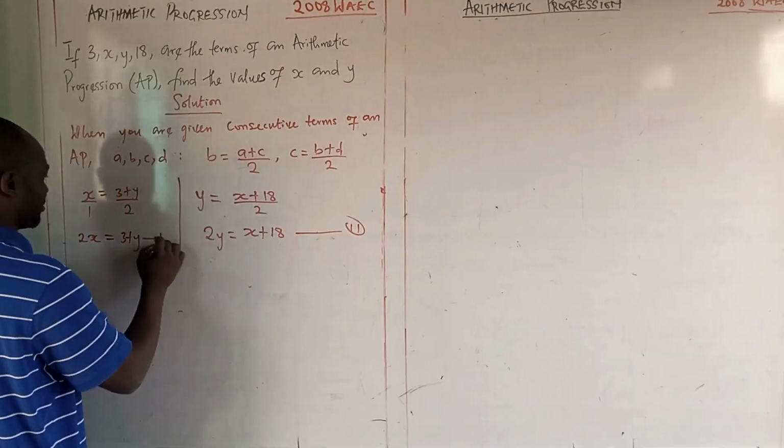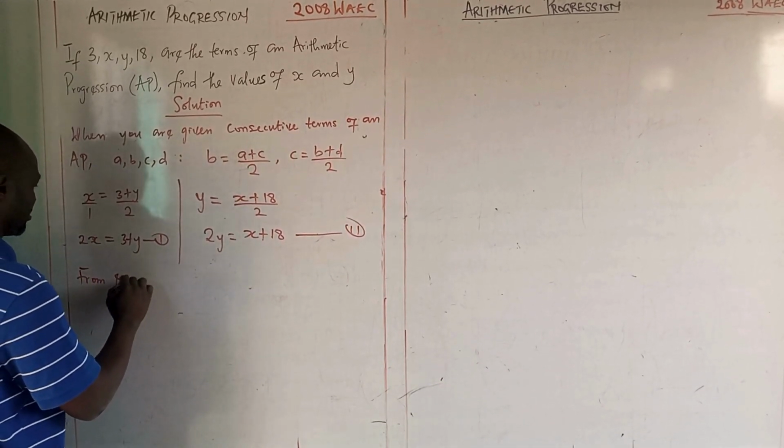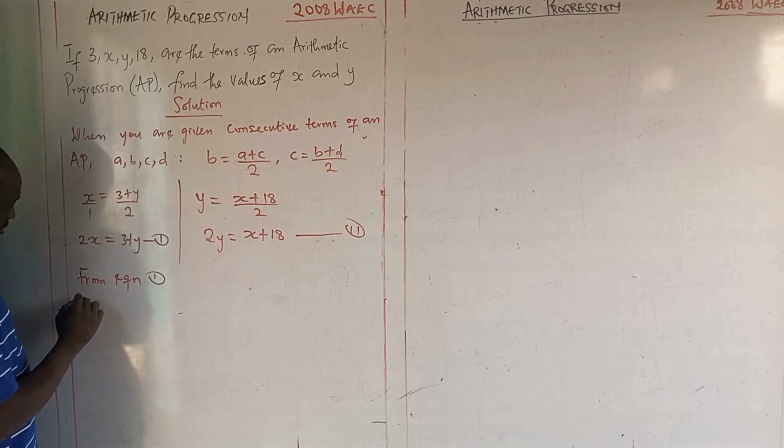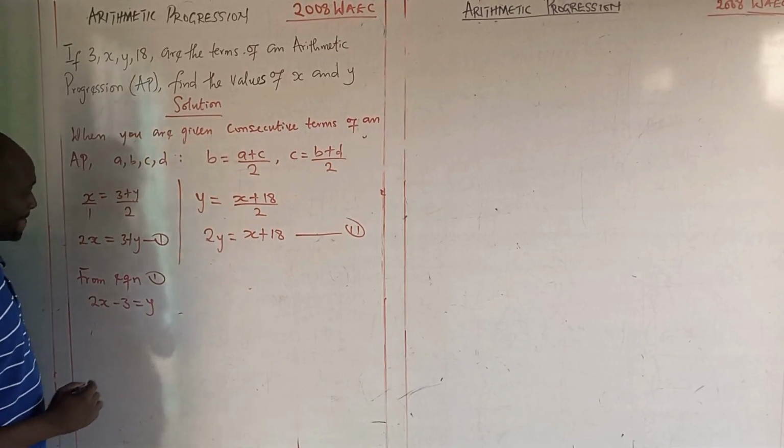Let's make the first one equation 1. Now, from equation 1, we can say that 2x minus 3 equals y.